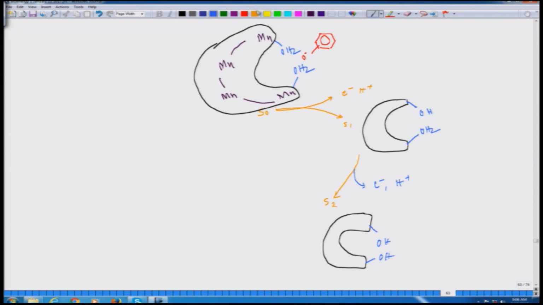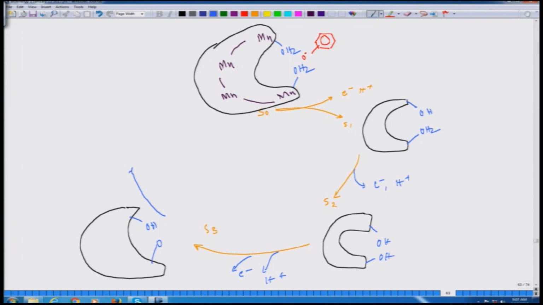Now from here we move on to the S3 phase. Here again you have OH and a very unusual situation having an O, and while doing so another electron and a proton are given up. Now from here we reach the S4 phase, which is the final phase.